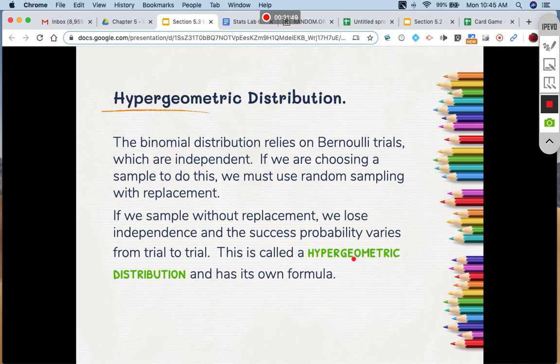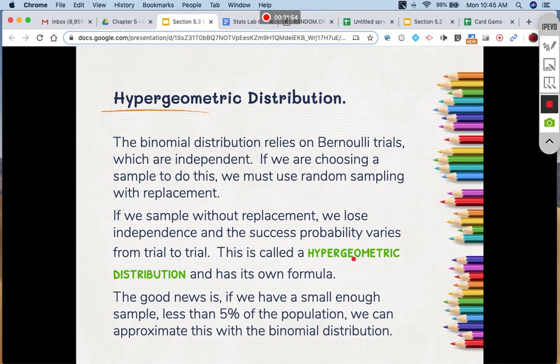Here's the good news: I'm not going to give it to you. The trick is, if the sample is less than 5% of the population, the difference in the success probability is so small we can approximate this with a binomial distribution. So as long as we can keep that sample a small enough percentage of the population, we can assume Bernoulli trials and use these formulas we have.